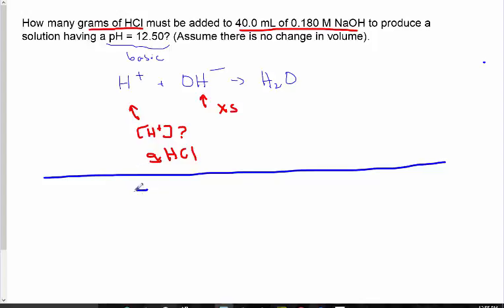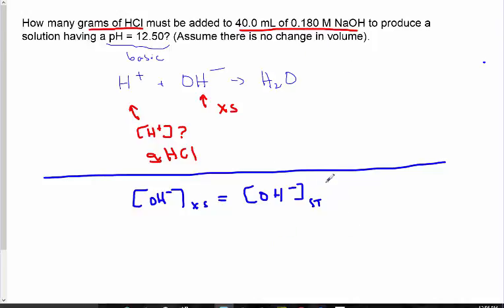We would say that the concentration of OH- in excess is equal to however much OH- we started with, which we can figure out because we know the concentration of the base and the volume of the base. We have all the information there that we need.